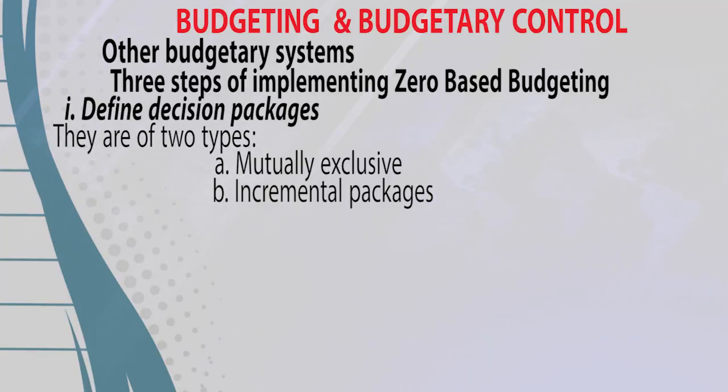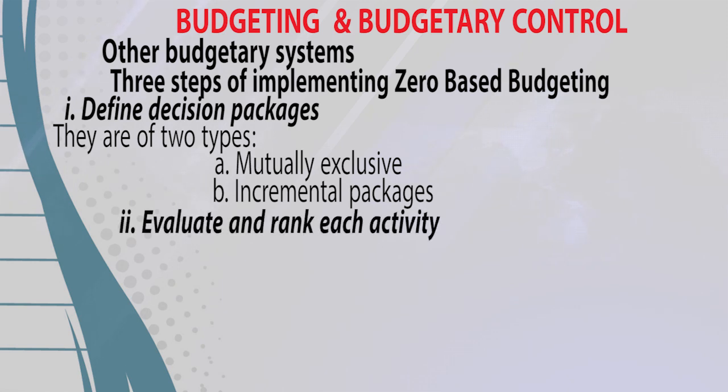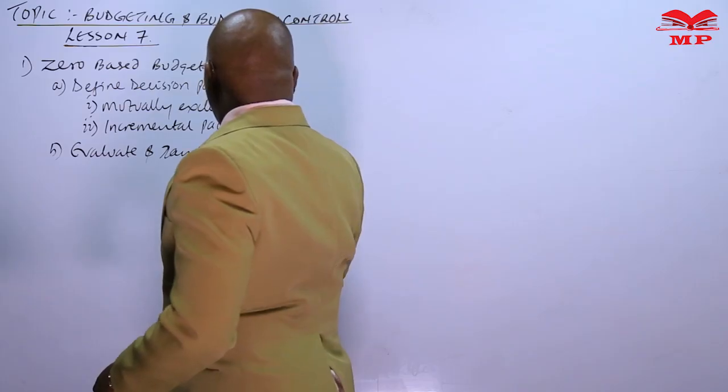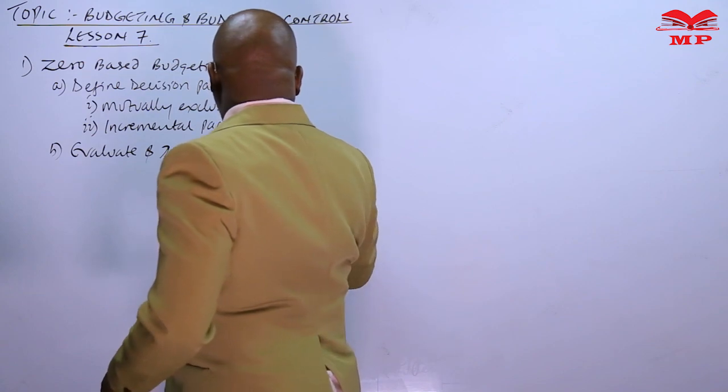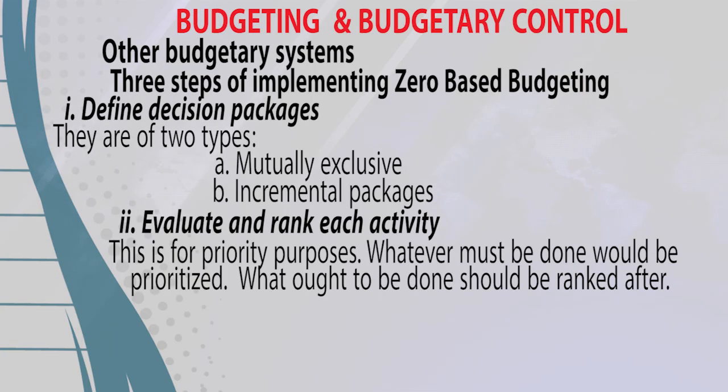Then the next one that I read as number 2 is actually evaluating and ranking each activity. So this is part B, evaluate and rank each activity. Now, this is for priority purposes, and whatever must be done would be prioritized.